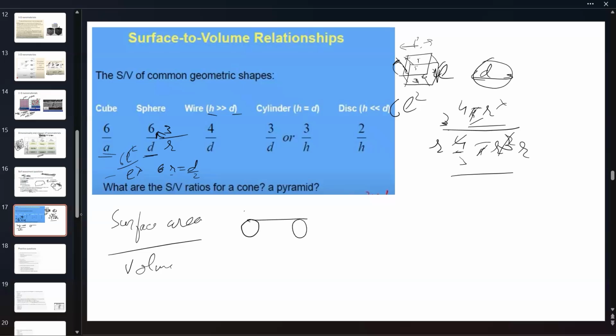If you have a cylinder, this is the D, and here H, which is also equal to D. Its curved surface area is 2 pi r into the length h, or you can write it as 2 pi d by 2 into h, which is pi d h.